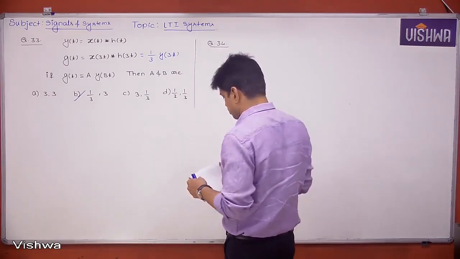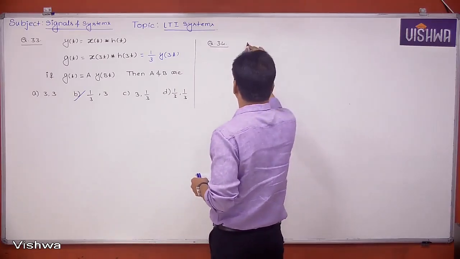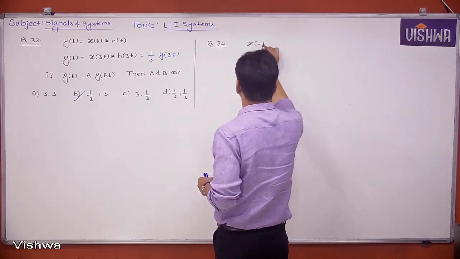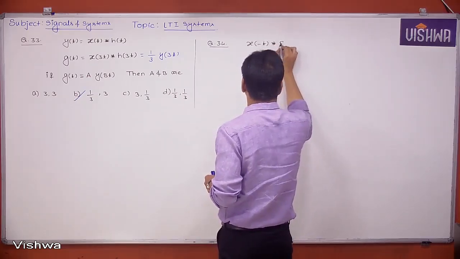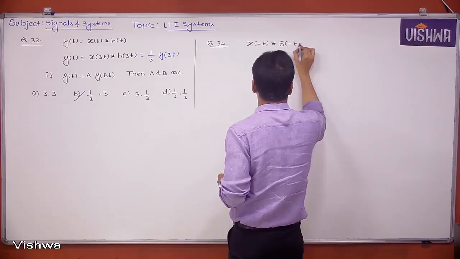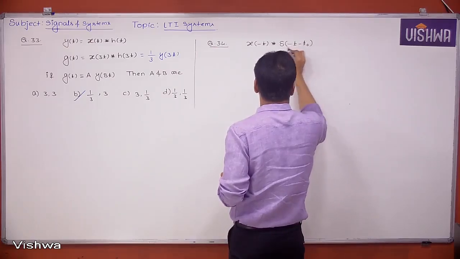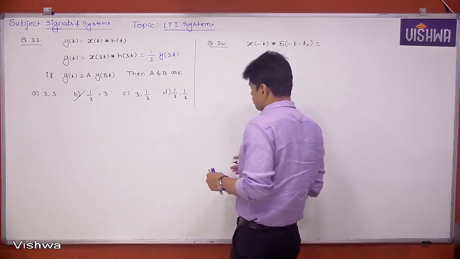What is it saying? x of minus t convolution with delta of minus t minus t naught. What is this value equal to?